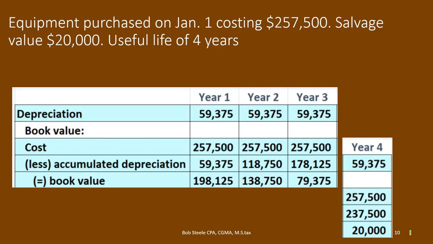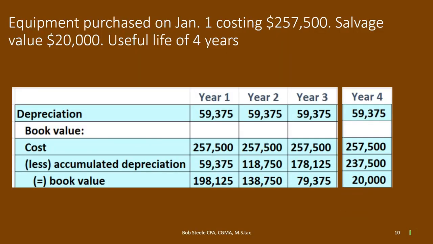So let's do this one more time. We're going to go to year 4, the final year, and then we'll wrap this up. So year 4 looks much the same. We've got another expense of 59,375. The cost 257.5 is the same. The accumulated depreciation is prior year's accumulated depreciation of 178,125 plus the current year's expense 59,375, giving us the 237.5.